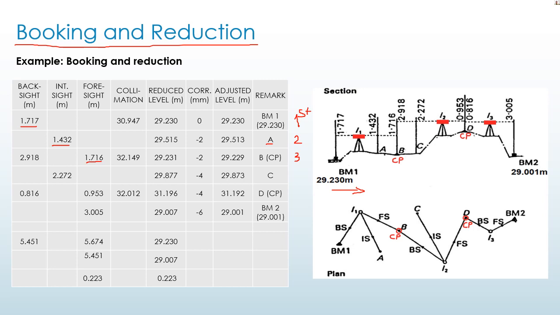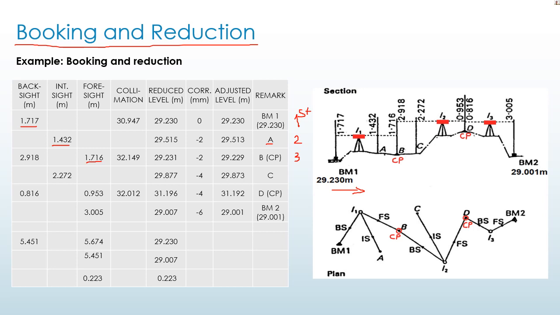And you keep the staff here at point B as the change point. You make a new setup over here, and then you take the backsight reading to point B again. So that's why you will have 2 readings at the change point. The change point is the point where you will have both the backsight and foresight reading.